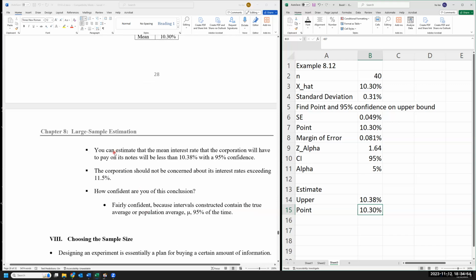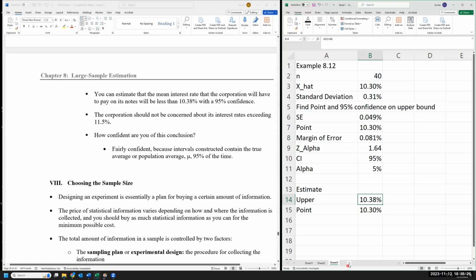You can estimate that the mean interest rate that the corporation will have to pay, the population mean, is probably less than 11.5, you're pretty confident. It's going to be 95% confident that it's going to be less than 10.38. Okay.